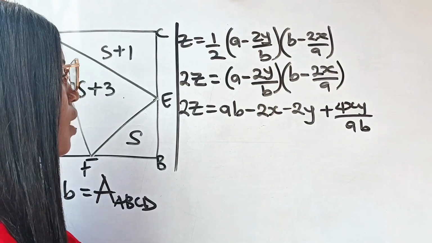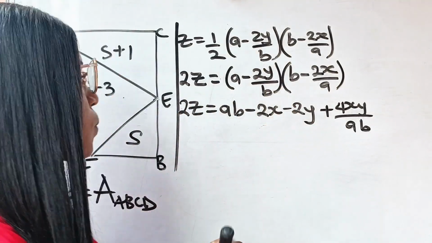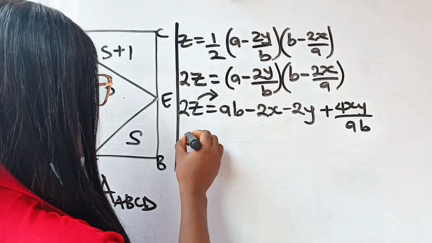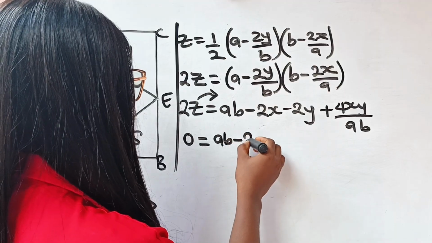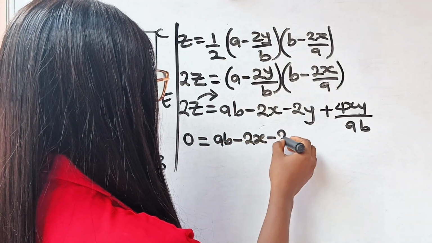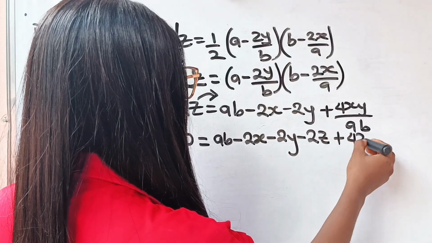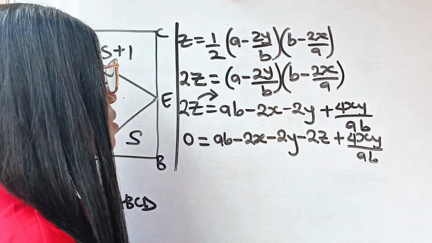All right. Now, let us transfer this 2z to this part of the equation. If we do that, we have that 0 is equal to ab minus 2x minus 2y minus 2z plus 4xy divided by ab. All right.